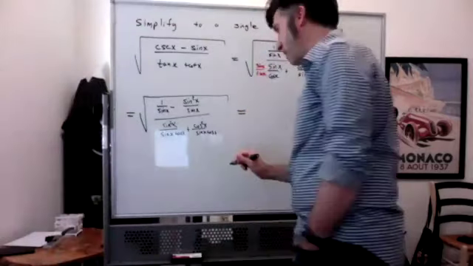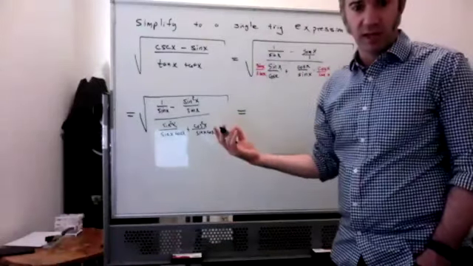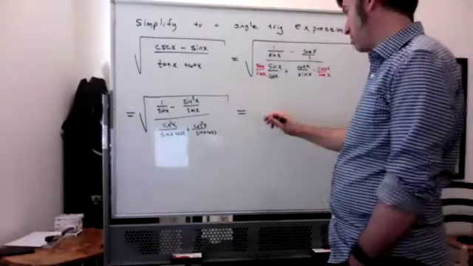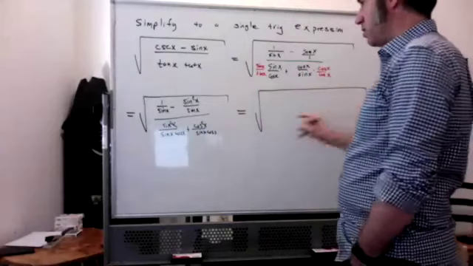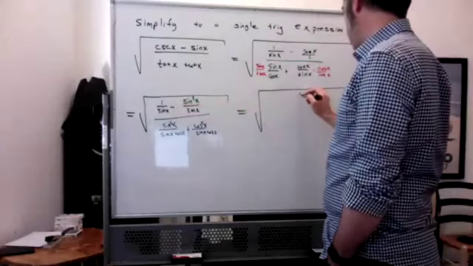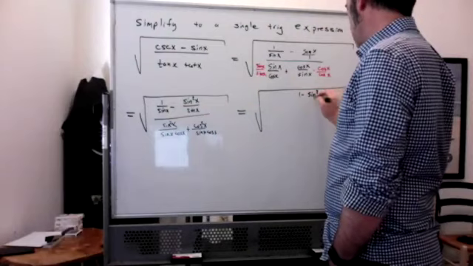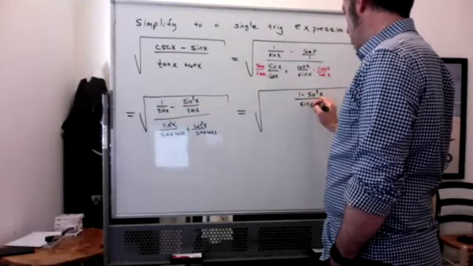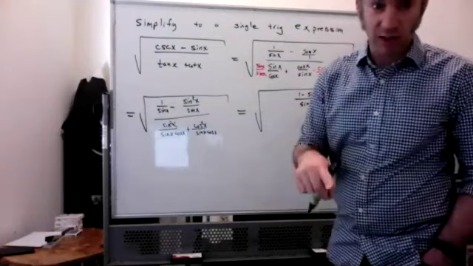So simplifying a bit, putting all of our fractions together as one fraction, both the top and the bottom, I get 1 minus sine squared all over sine. We know that 1 minus sine squared is cosine squared.